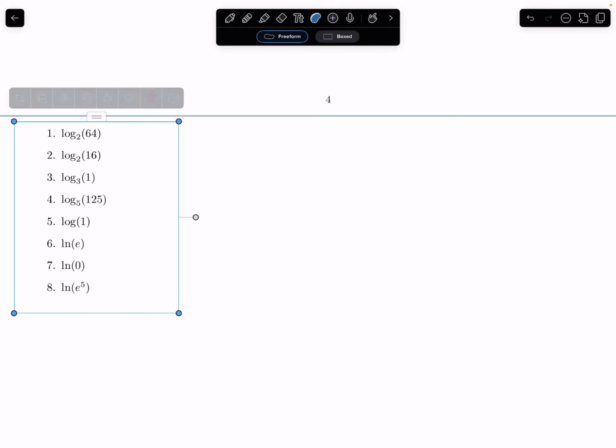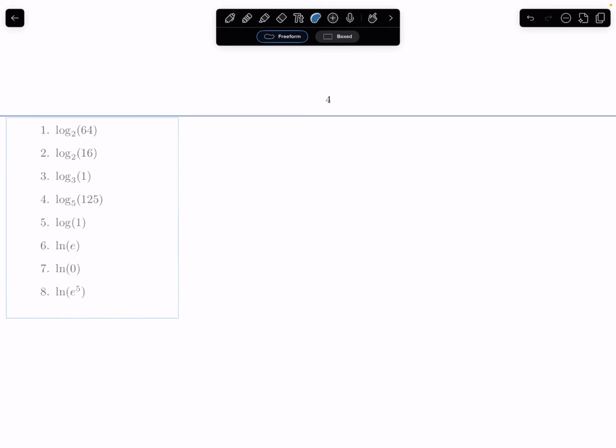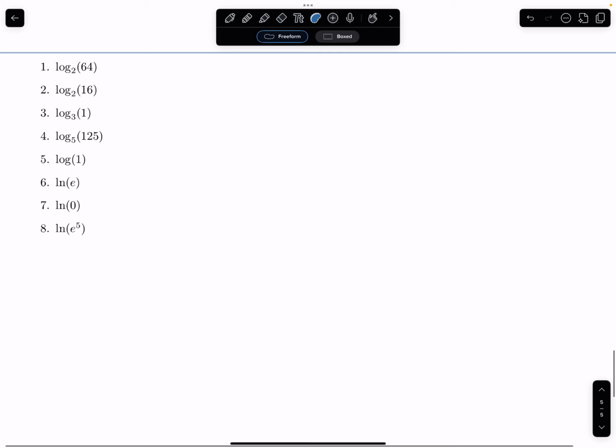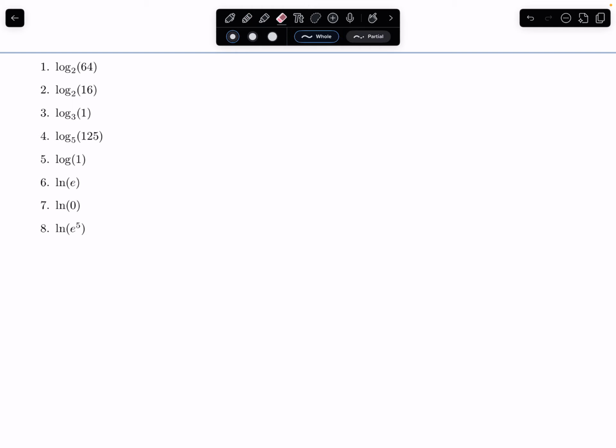And if it's not the common log or the natural log, you have to use a little trick if you're trying to use a calculator. But for now, I'm not going to use the calculator. I'm just going to rely on the definition. So like problem 1, I've got log base 2 of 64, right? So let me write it out like this.